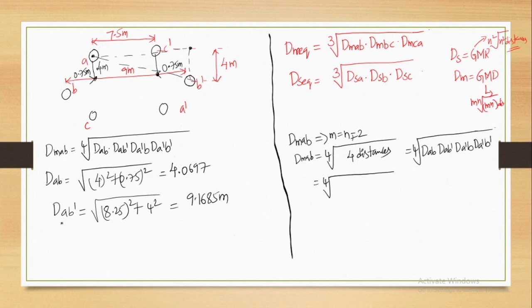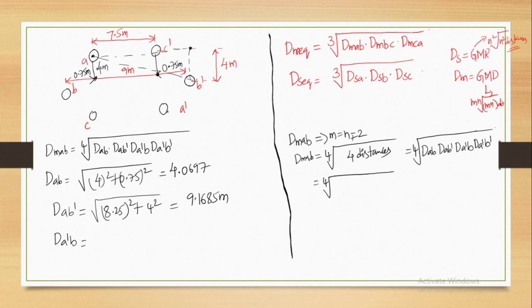Third distance, DA dash to B. Where is A dash? Here. Where is B? This one. See, DAB dash has the horizontal distance of 8.25 and vertical distance of 4.